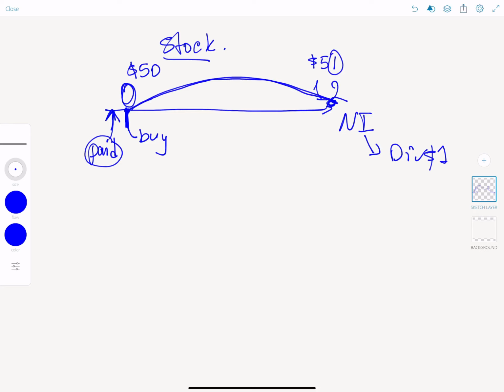You hold this stock for 12 months, then, let's draw it like that, the value of the stock will rise, because after 12 months its price is $50 plus $1 dividend.